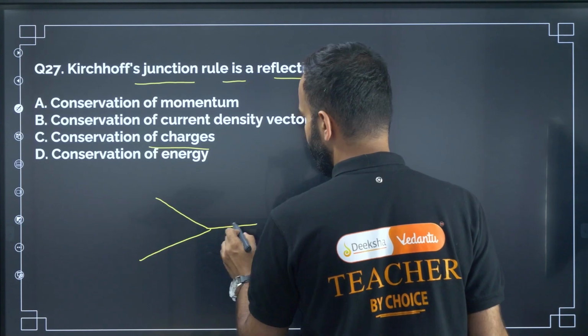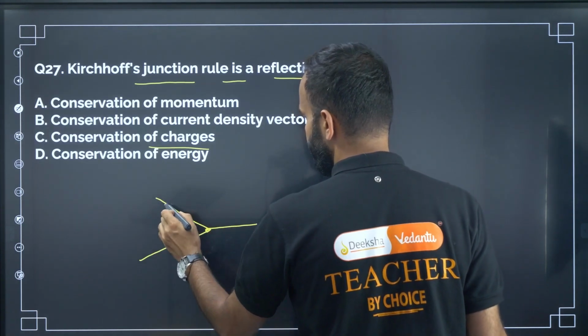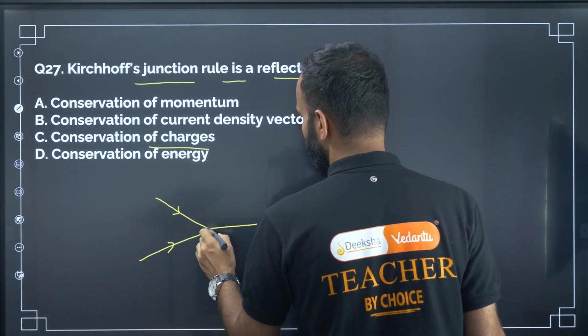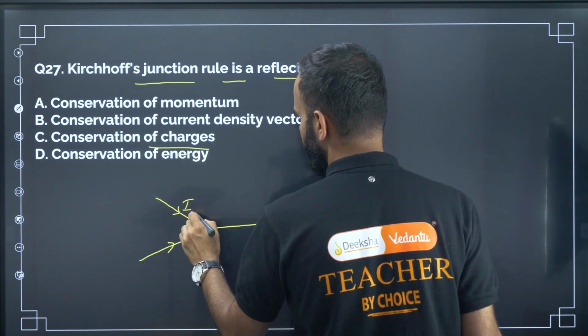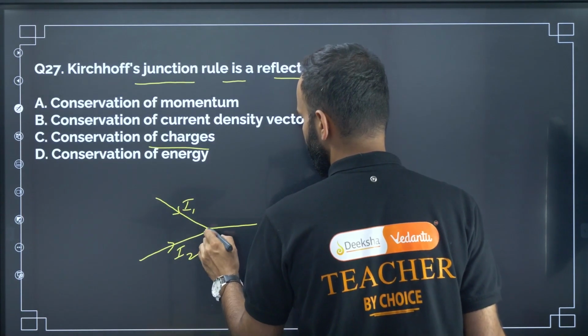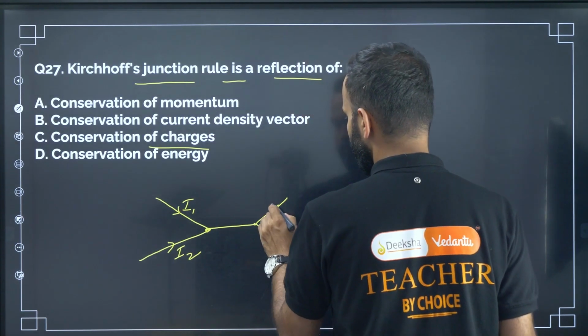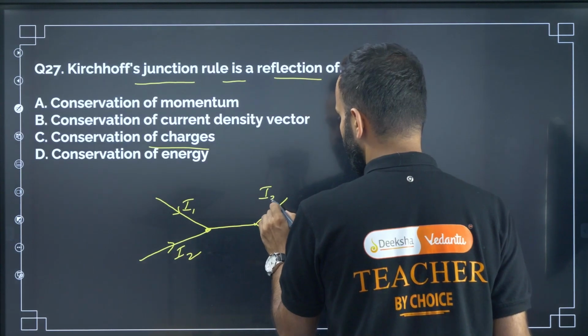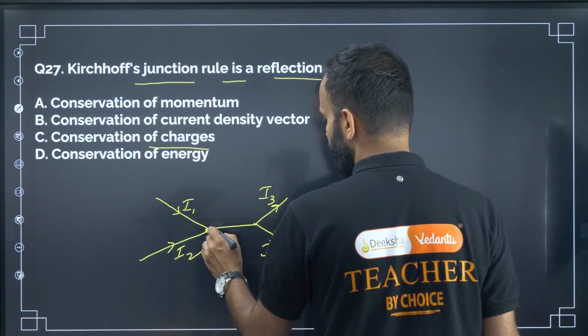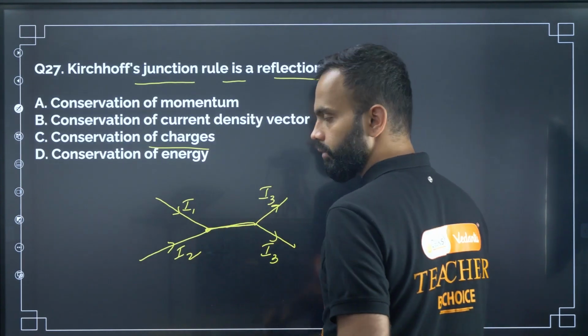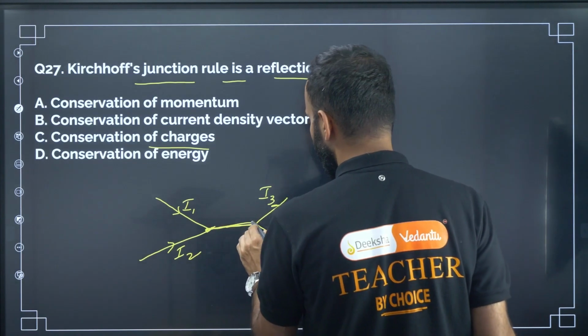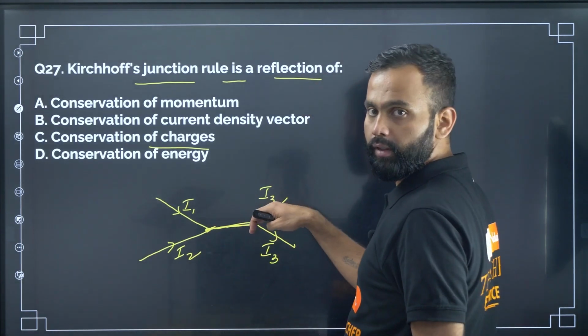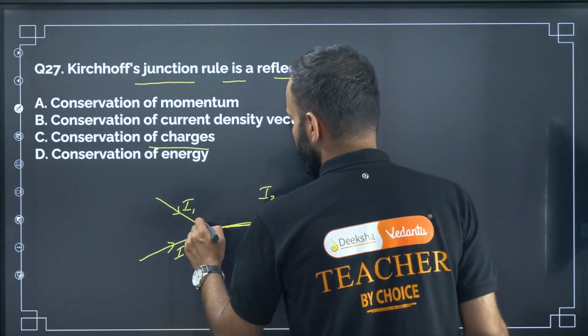Here, the sum of the current entering the junction is equal to the current flowing out of that junction, right?